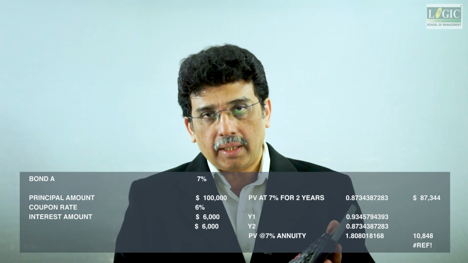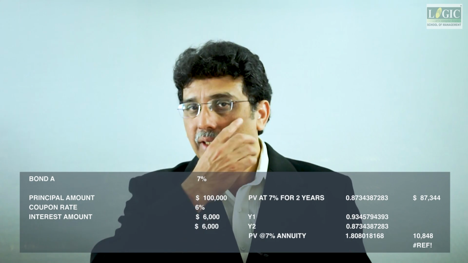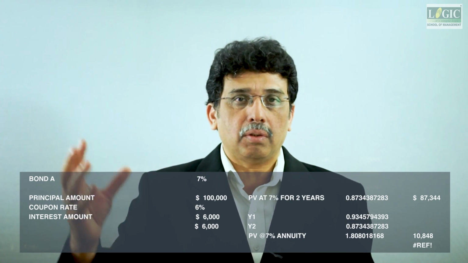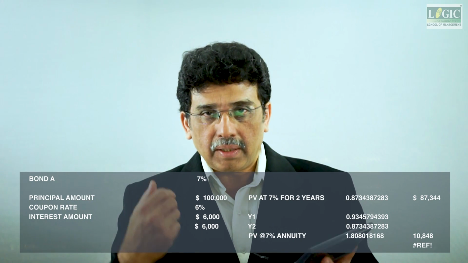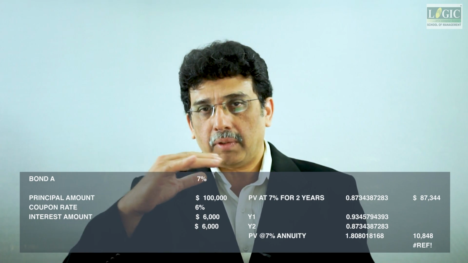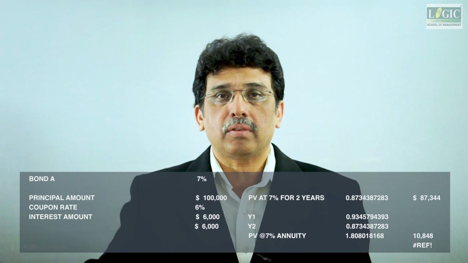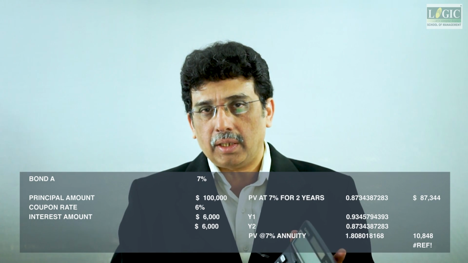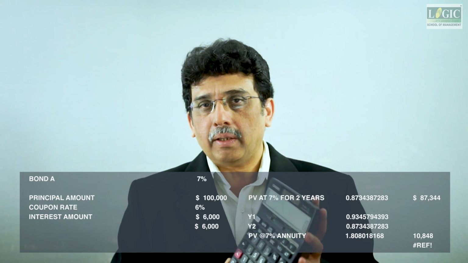Press the equal sign again, it is going to give you 1 divided by 1.07 the whole square. Press the equal sign again, and you are going to get 1 divided by 1.07 whole cube, and so on. So you can get the present value of a dollar by your calculator.